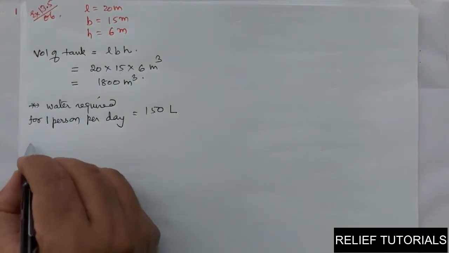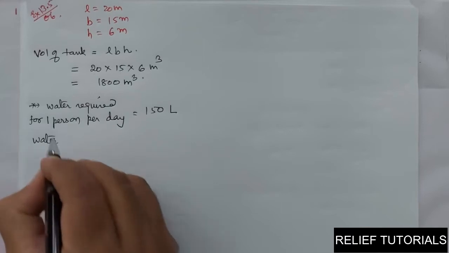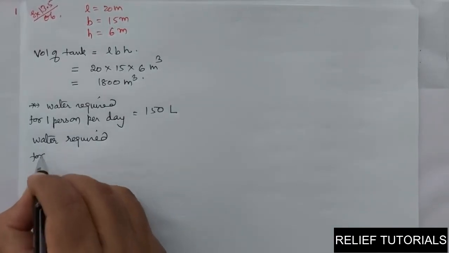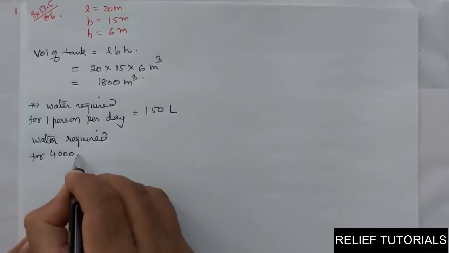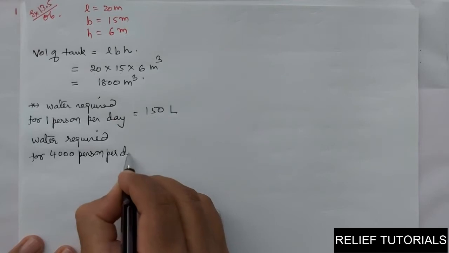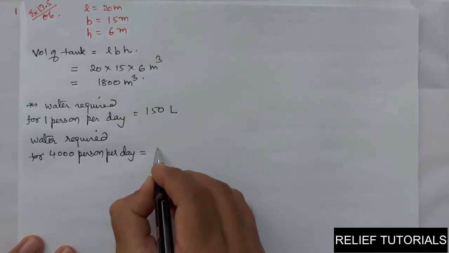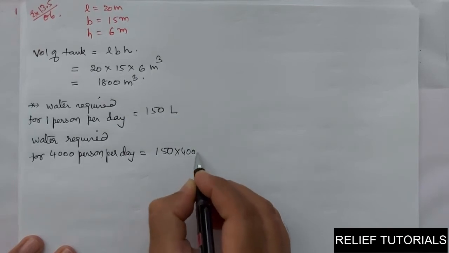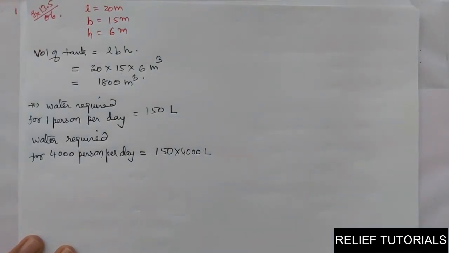So water required for 4,000 persons per day is equals to 150 into 4,000 liter. This is the water required by 4,000 persons per day.